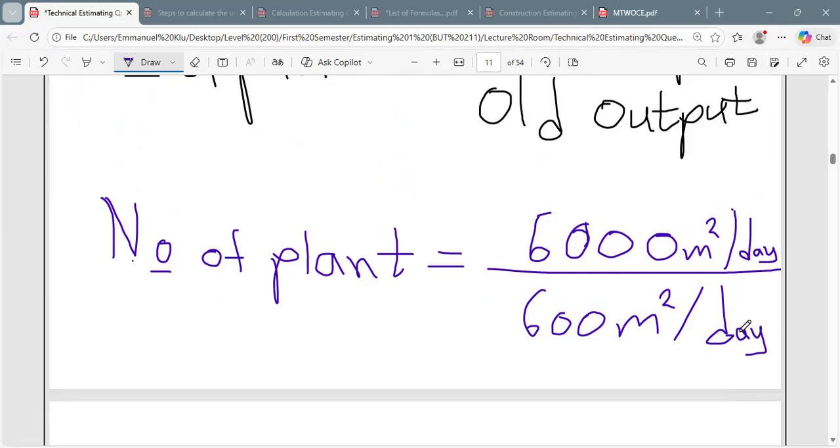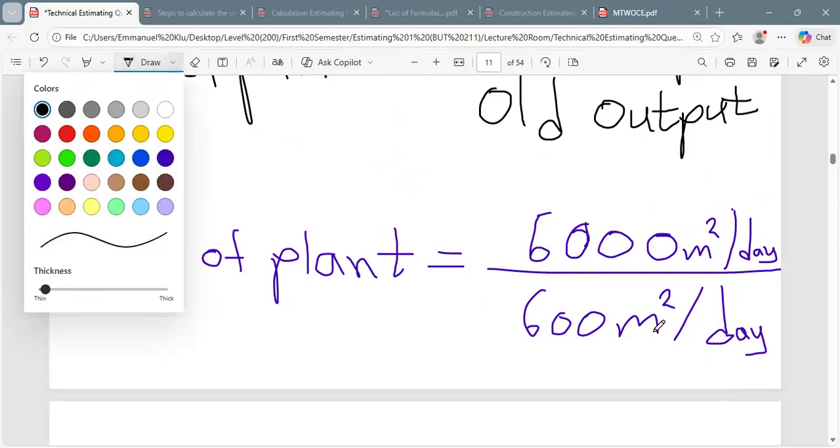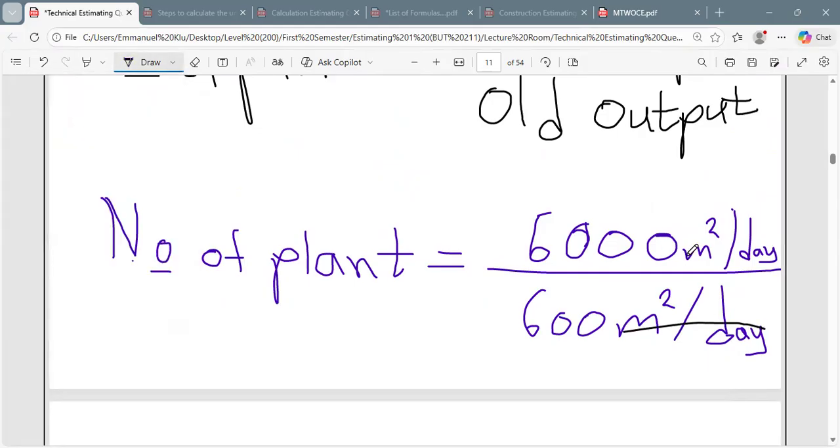So you see what we are all seeing over here. At the end of the day, the units cancel. Two zeros will take care of two zeros. Six will go into itself one time and into the other six, 10 times. So you see, we are going to get what? The number of plants is going to be 10.